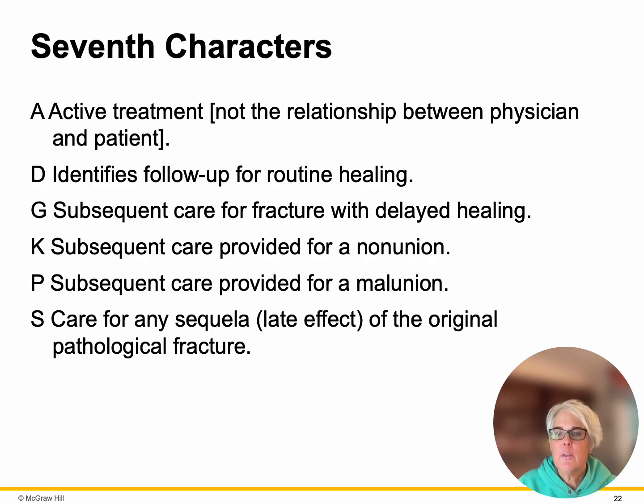Now, these 7th characters describe the episode of care and healing status for a pathological fracture. An A 7th character is for active treatment. This is not about whether the provider is new or established, but whether the patient is still receiving active fracture management. So say I did a greenstick fracture of my distal tibia, and I'm in active fracture status.